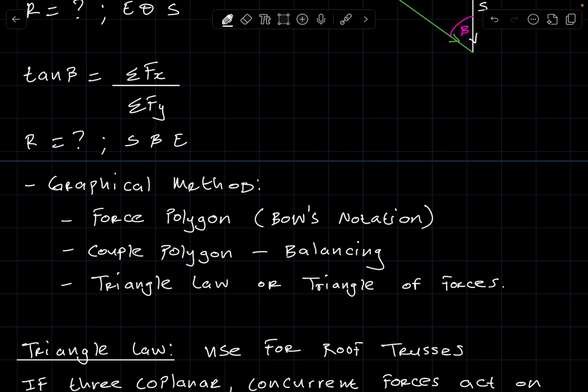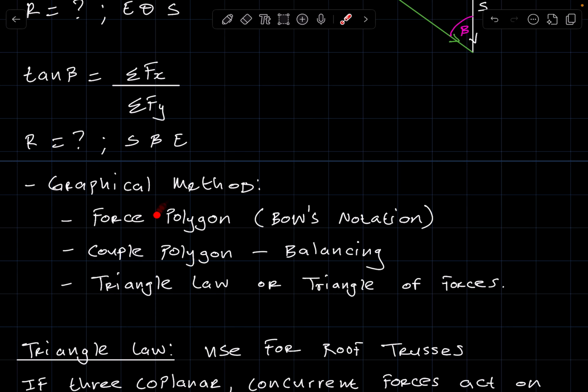This we learned, I believe, in N1. We did it again under the parallelogram. We also used Bow's notation for that, or we revisited Bow's notation when we looked at the parallelogram in N2. That's the method we use in drawing a force polygon, or a polygon of forces.